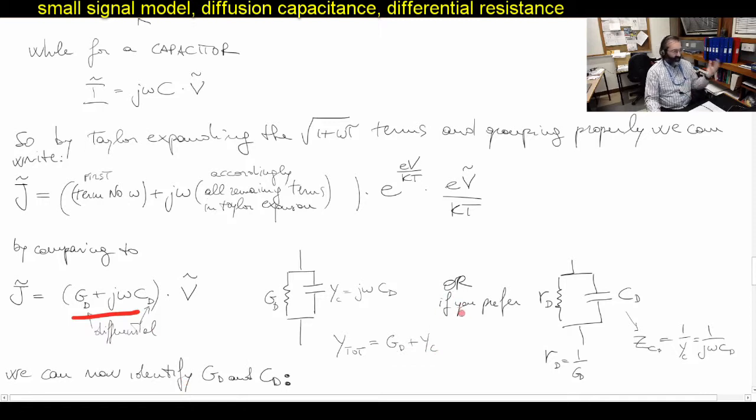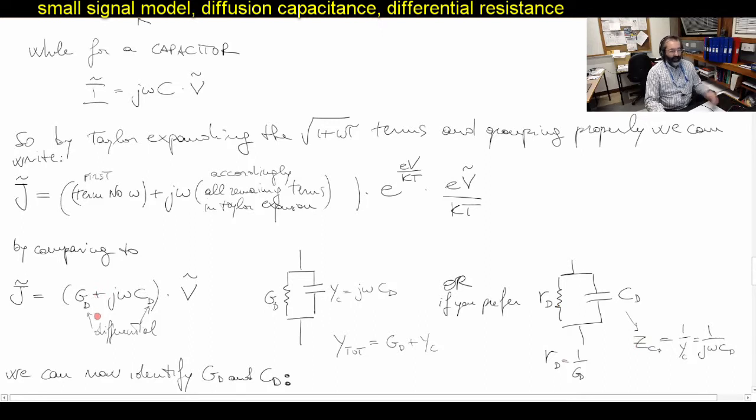If you prefer the resistance and the impedance, this circuit would look like that. Still in parallel, of course, but this would now be the differential resistance RD, and this would be what we call the diffusion capacitance. Okay.